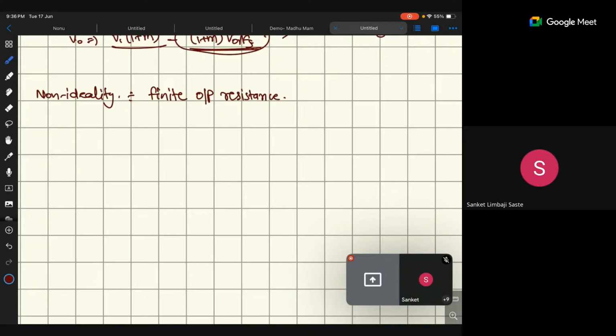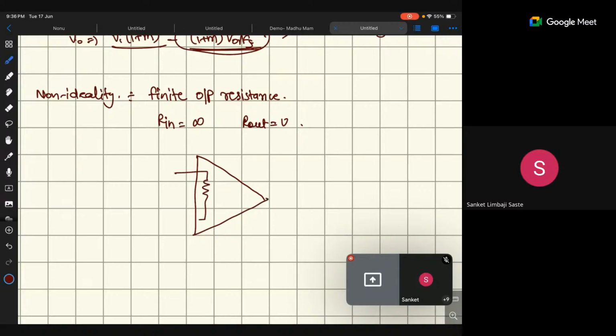Okay, what is the meaning of that one? Finite output resistance. We know that R in is basically infinite and R out we are taking as 0. Okay, we have already discussed this thing.